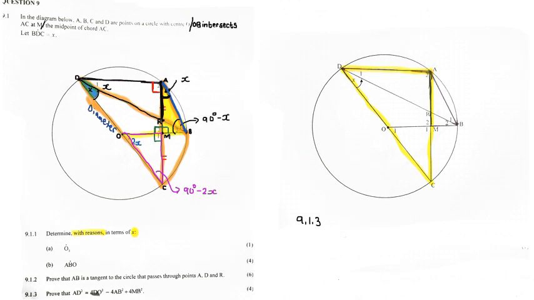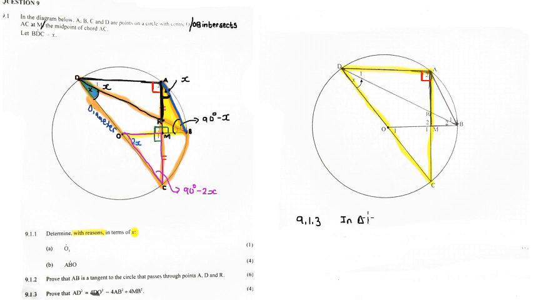Alright, so if we abandon that plan, it means that we are going to have to concentrate on this right angle triangle, which means we're basically applying Pythagoras theorem. So let's do that.